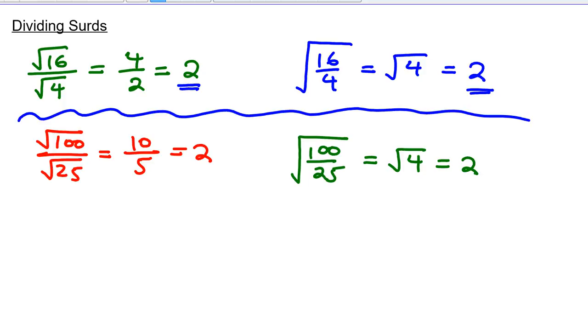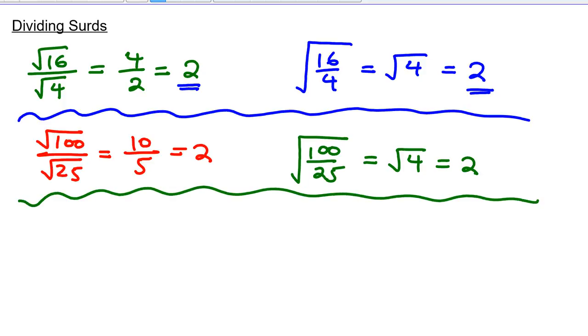So if you look at both of these questions, here and here, you can see that whether you write your question this way or that way, you still end up with the same answer. Same thing here.